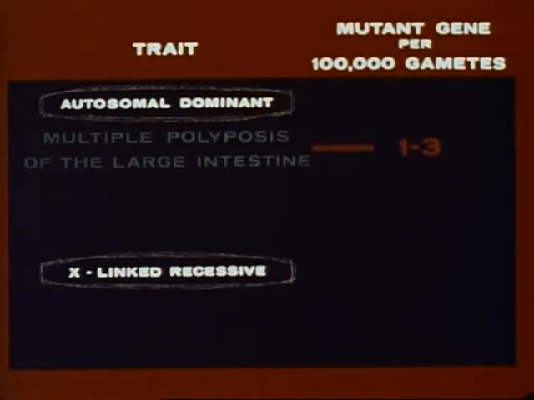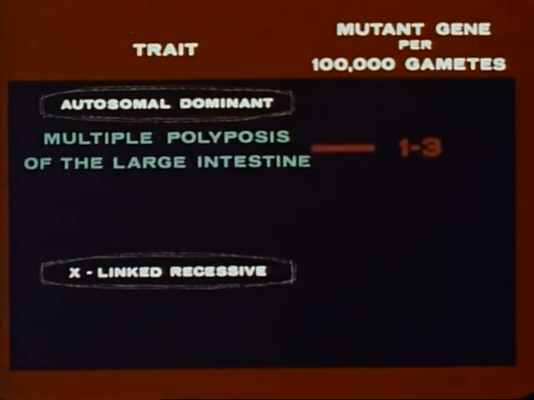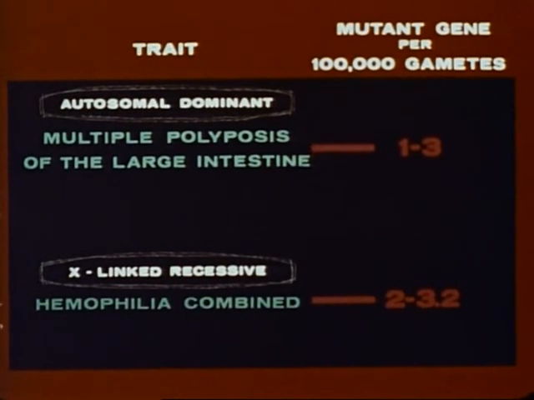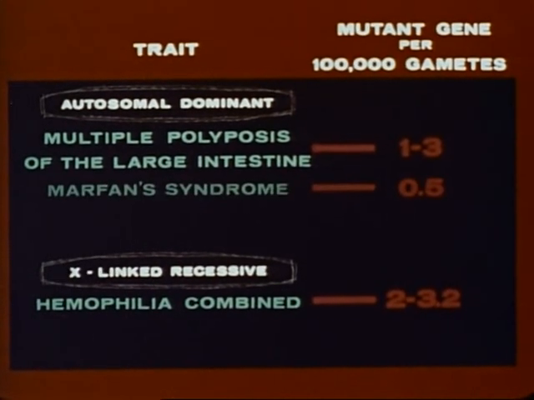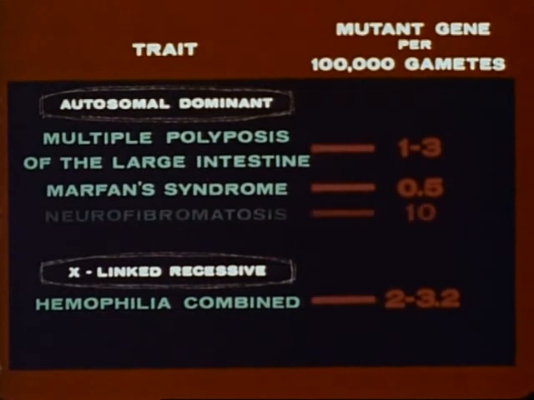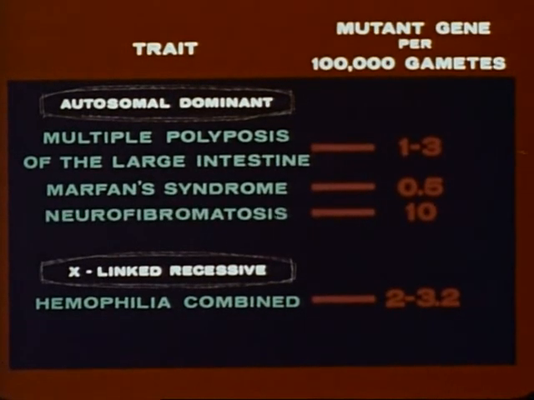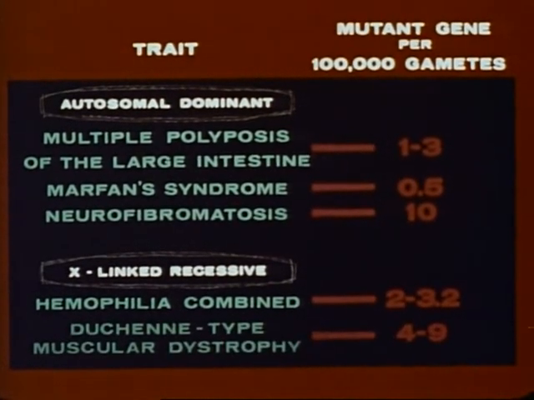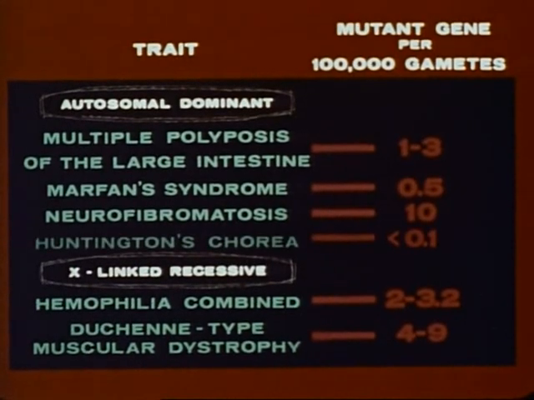Crude methods for estimating mutation rates in man are available. Although such estimates are subject to many inaccuracies, the rates which have been determined are of the same order of frequency as have been found in experimental forms, about 1 mutation per locus per 100,000 gametes.